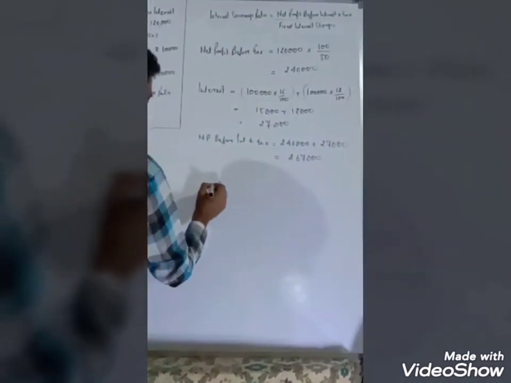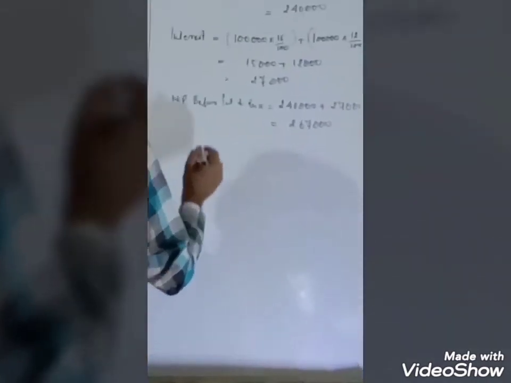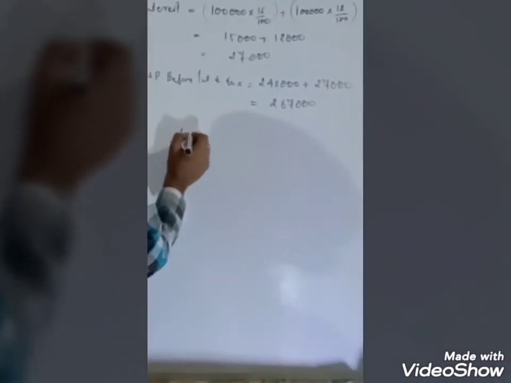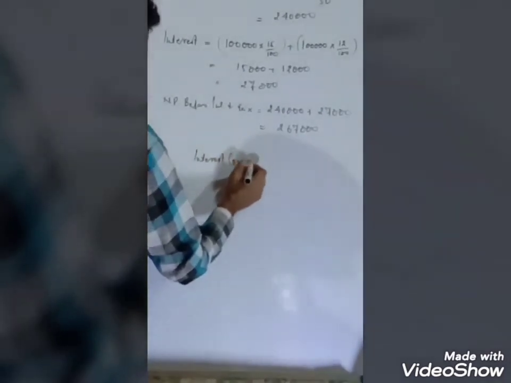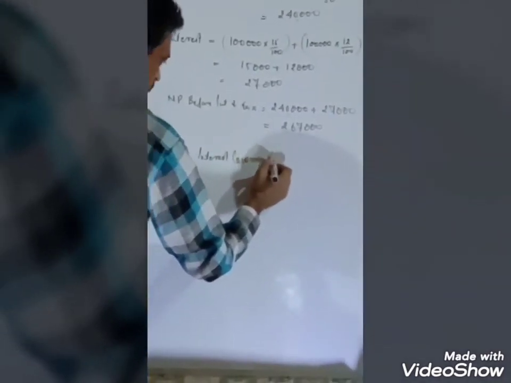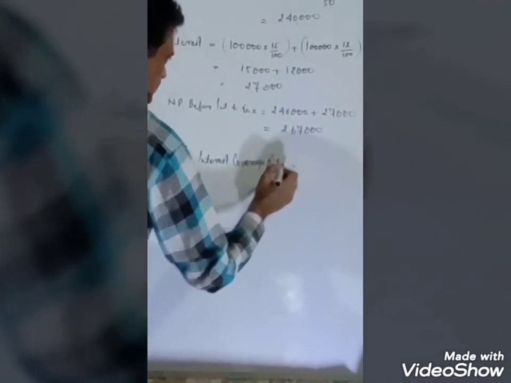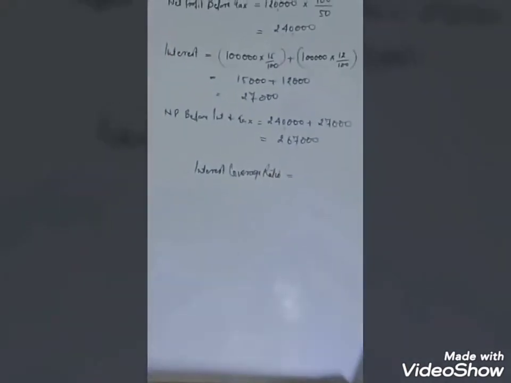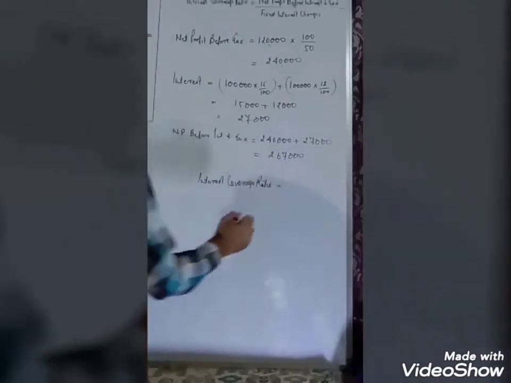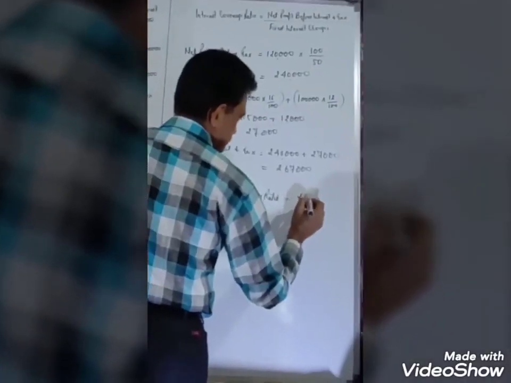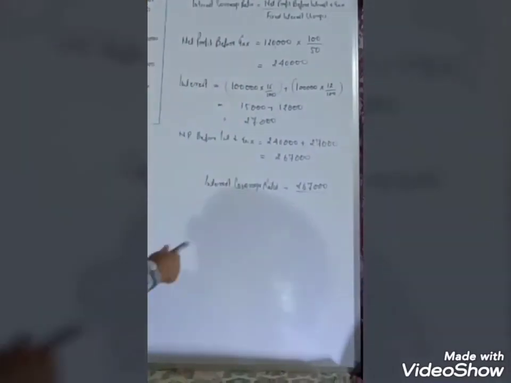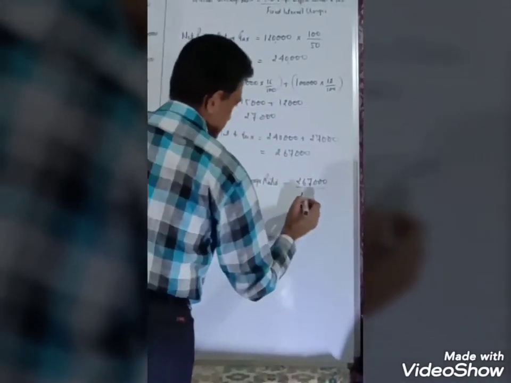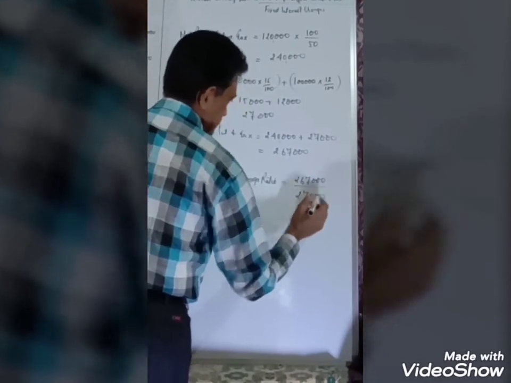So both aspects are there, net profit before interest and tax and fixed interest charges. Therefore interest coverage ratio is equal to net profit before interest and tax 2,67,000 divided by fixed interest charges 27,000.